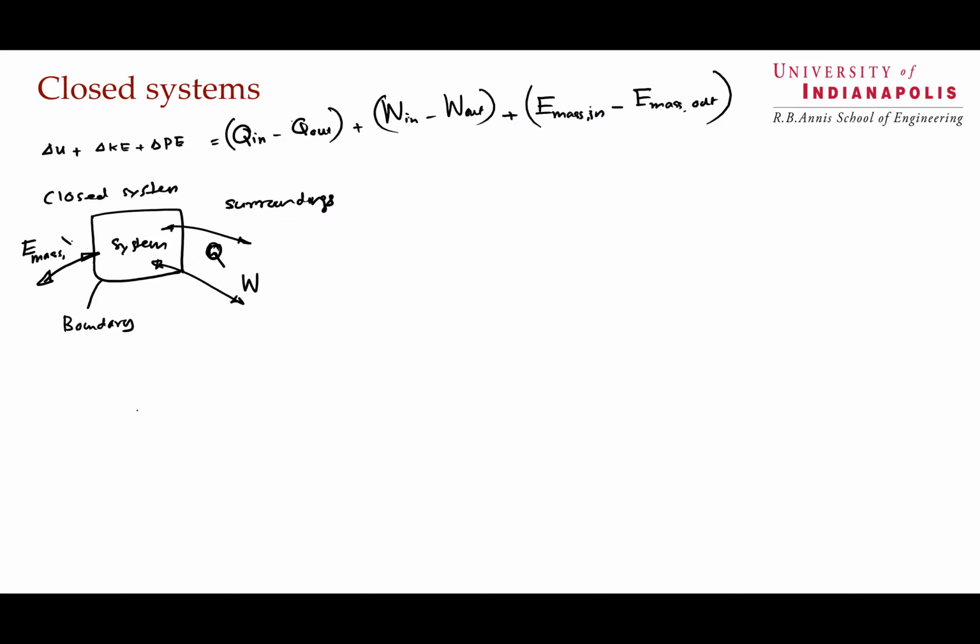So E mass is not allowed because it's a closed system. The boundaries are closed, so there's no mass flow in and out of the system.